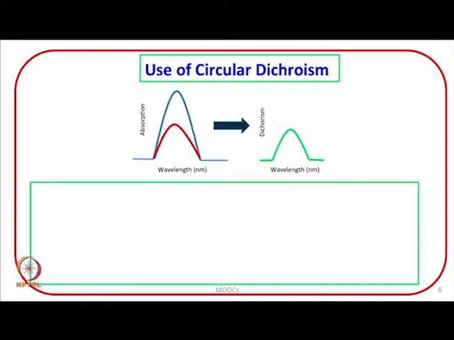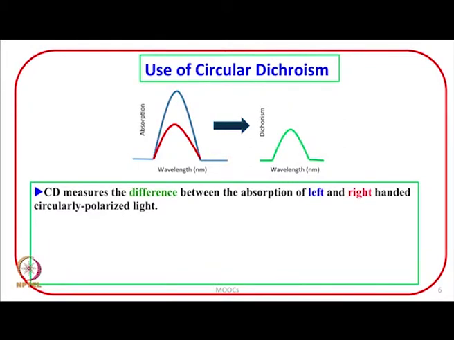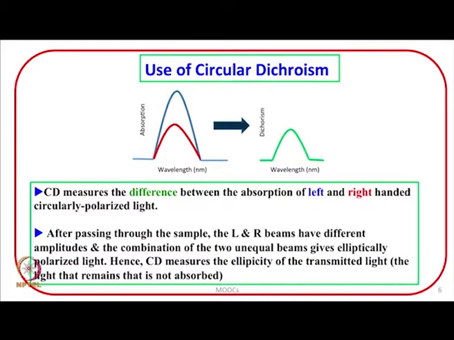The main features that we need to know are that CD measures the differences between absorption of left and right-handed circularly polarized light. And let us keep in mind the next comment also, that after passing through the sample, left and right circularly polarized lights have different amplitudes, and the combination of the two unequal beams gives elliptically polarized light.